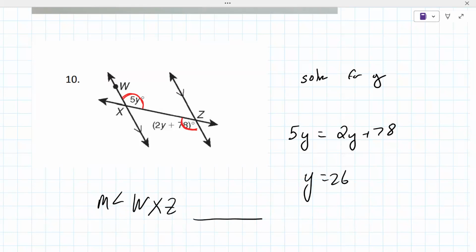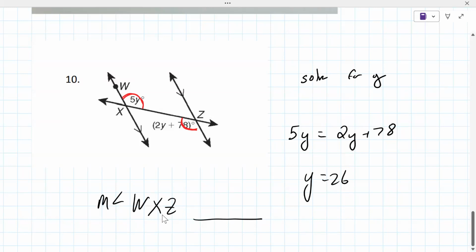So X and Z are alternate exterior, no, right? No. WXZ. Where is that angle in this drawing? Remember, the middle letter is the vertex. The middle letter is the vertex, so X is the vertex. Yes, but it's W to X to Z.